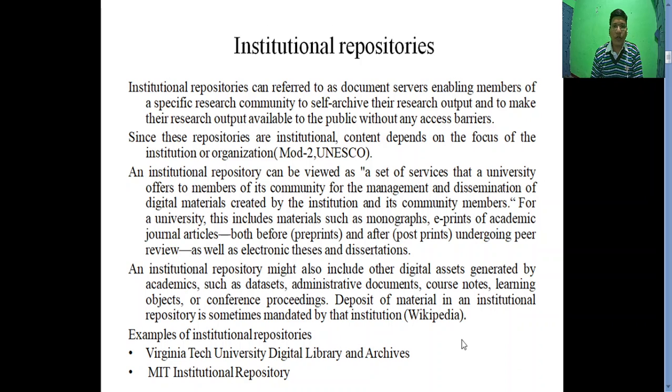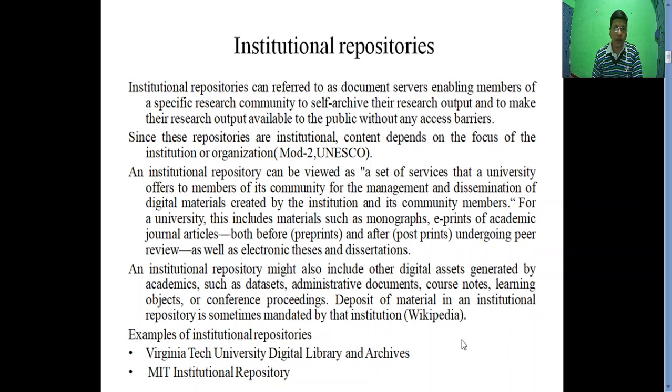First of all, the institutional repository. Institutional repositories can be referred to as document servers, enabling members of a specific research community to self-archive their research output and to make their research output available to the public without any access barrier.